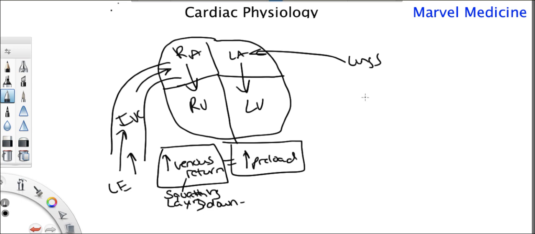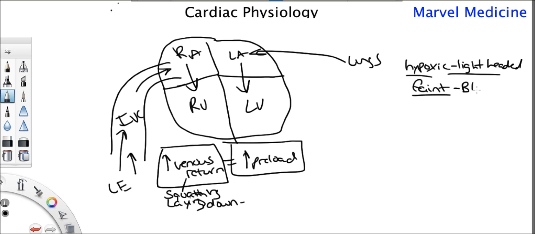When your brain's not getting enough oxygen and you start feeling really lightheaded, right? When you become hypoxic, you get lightheaded. And at a certain point, what will your body do if it becomes more hypoxic and more lightheaded? You will eventually faint, right? You'll faint. What happens when you faint?